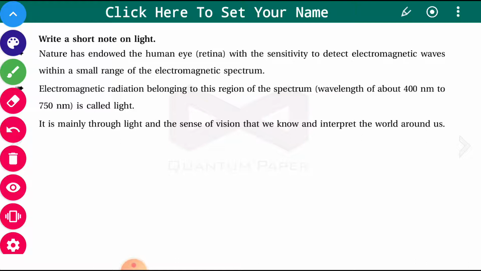A certain part of the electromagnetic spectrum is visible to us. Electromagnetic radiation belonging to this region of the spectrum has a wavelength of 400 nanometer to 750 nanometer, and this particular range of wavelength is considered by us as light.